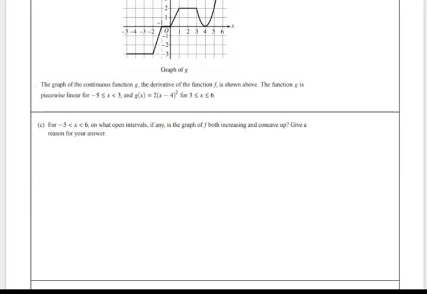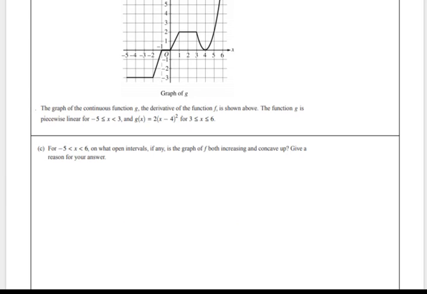All right, moving on to part C, we want to know where the graph is increasing and concave up. So remember, this is the graph of g, but g is really f prime. So we want to know when f is increasing, so we're looking for f prime being greater than or equal to 0, and then when f is concave up, so we're looking at f double prime being greater than 0.